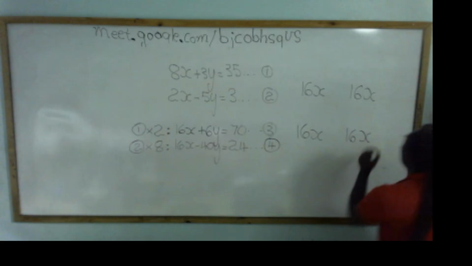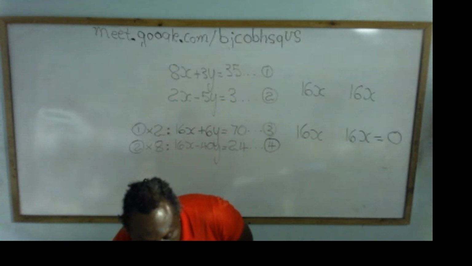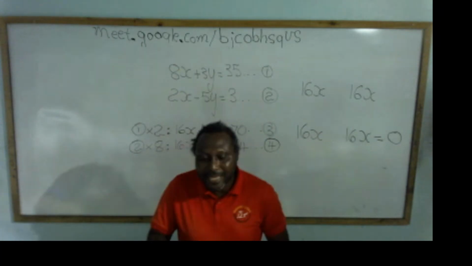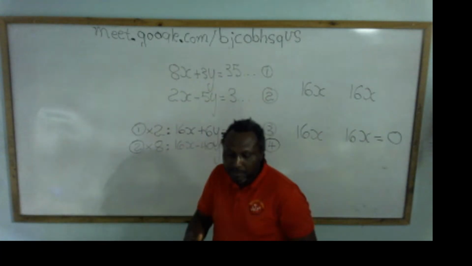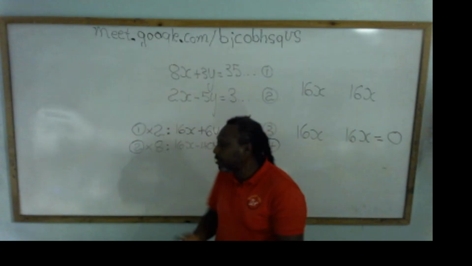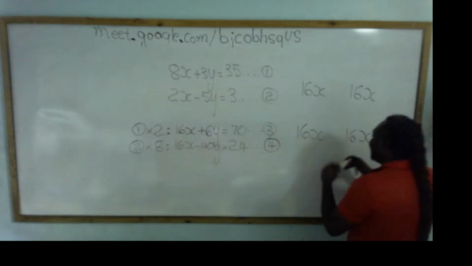Because when you eliminate, since they are exactly the same thing, when you minus one from the other, the result will be 0. So you put a negative sign here.